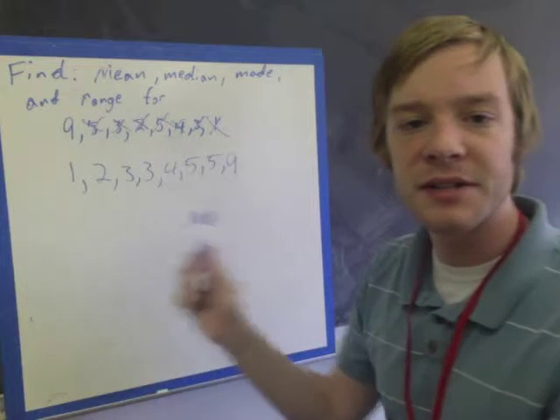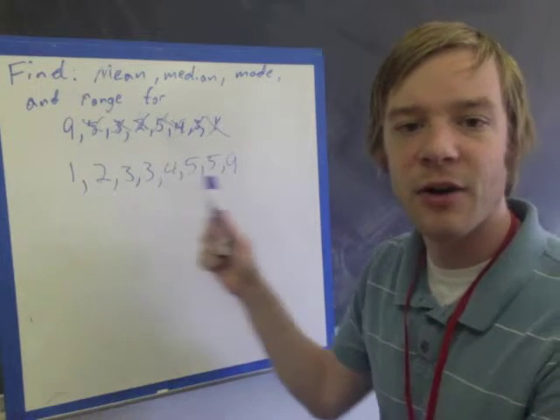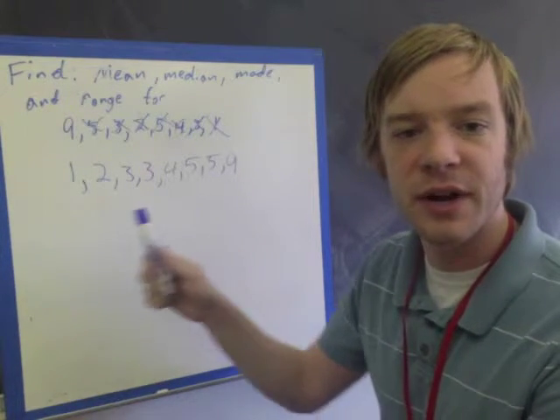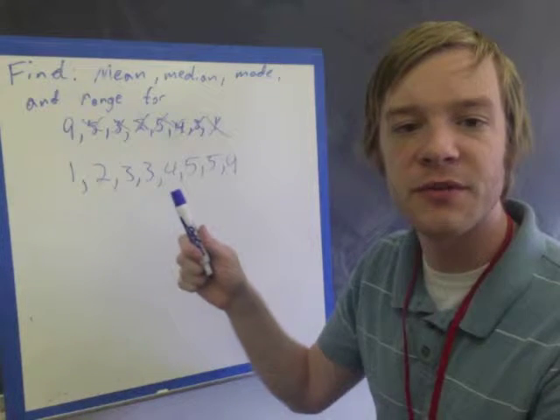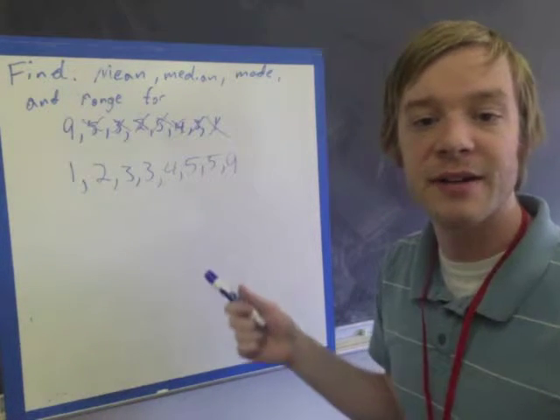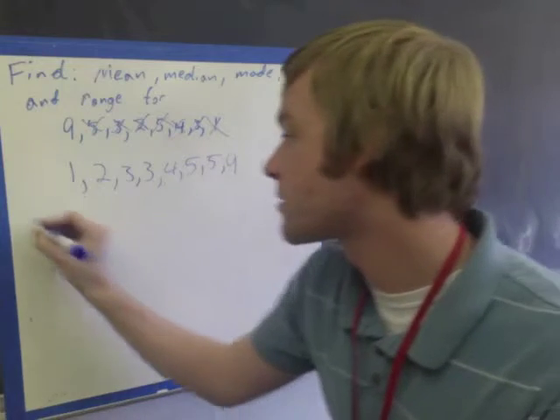For mean, I need to take the average of these. I'm going to add all of these up using my calculator and divide by how many I have, which is 1, 2, 3, 4, 5, 6, 7, 8. So I'm going to add all these up and divide by 8.